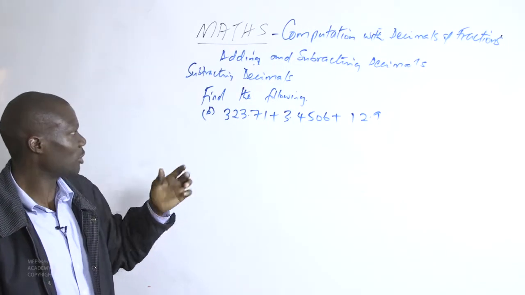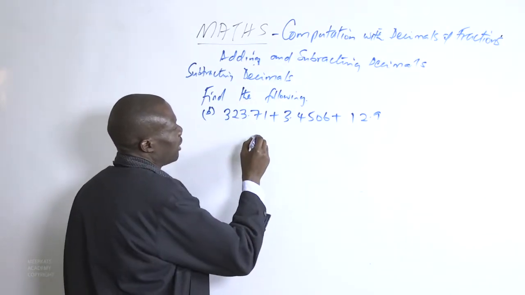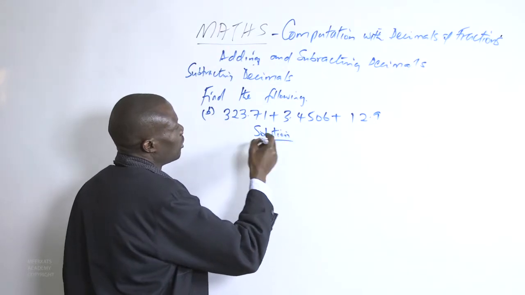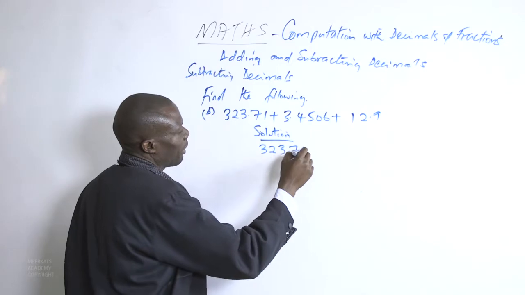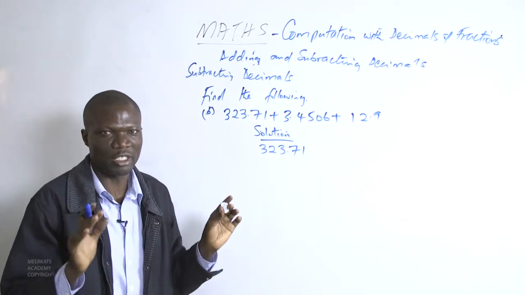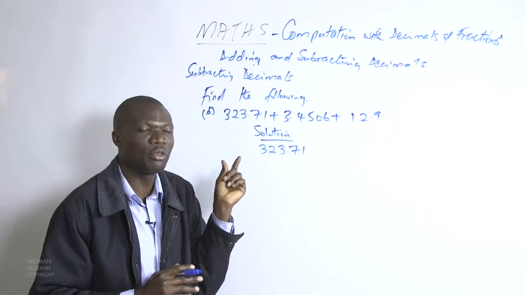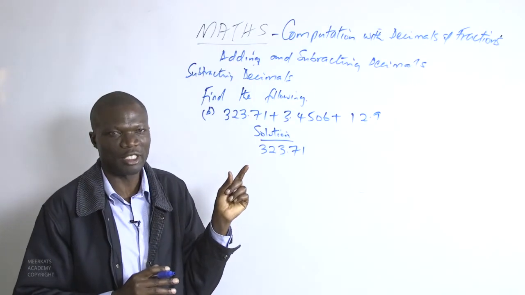So, what follows? Let us write the first number in our solution. It is 323.71. Take note of the place values of each digit as we do this. This second one, we have 3.4506.